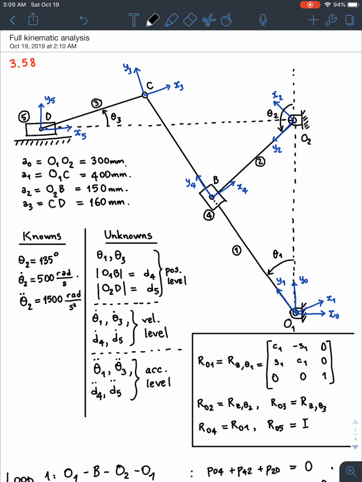The vector that goes from the origin of the fifth frame to the origin of the second frame, of course, is not fixed in any frame, but the direction in which that vector lies is fixed. Essentially, that vector will always be in the x5 direction. Only its length is going to change. So that's going to yield some simplifications as well.